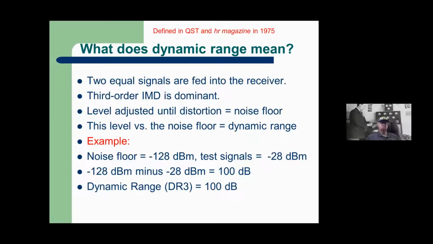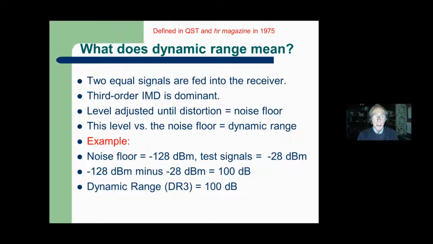So we adjust the two test signals, two signal generators, and increase the level until the third order product equals the noise floor. And when is that? That's when it goes up 3 dB. So we tune away from the signal, tune into the third order product. If it goes up 3 dB on our analog RMS meter, that fits the definition.